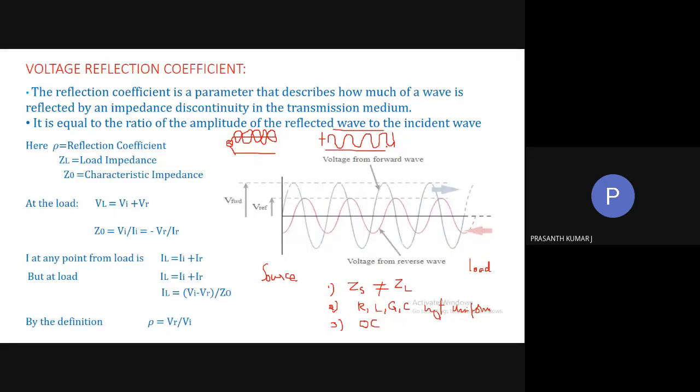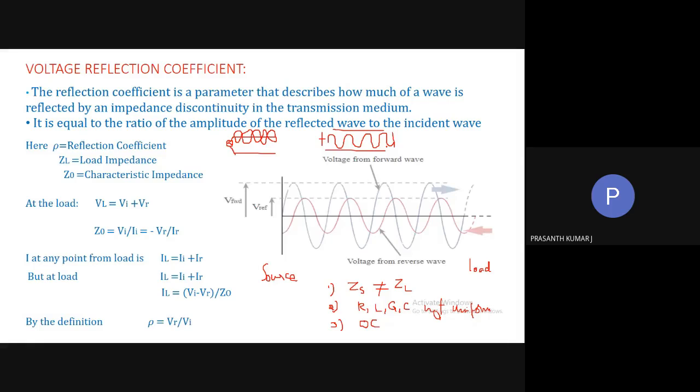So like that, even the electromagnetic wave or the voltage or current wave will bounce when all the walls are closed. So like this, reflections occur in a transmission line.